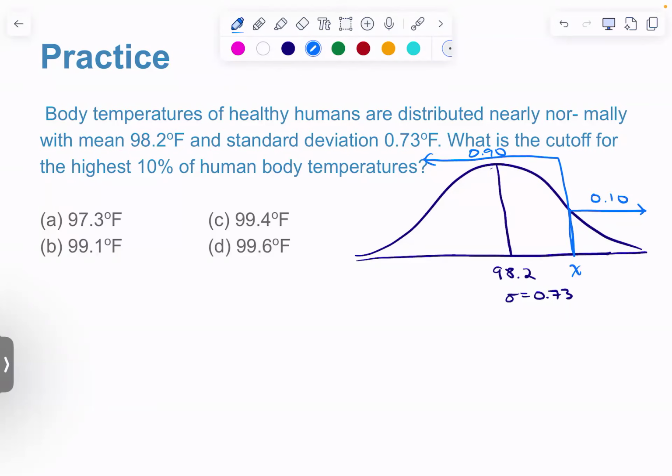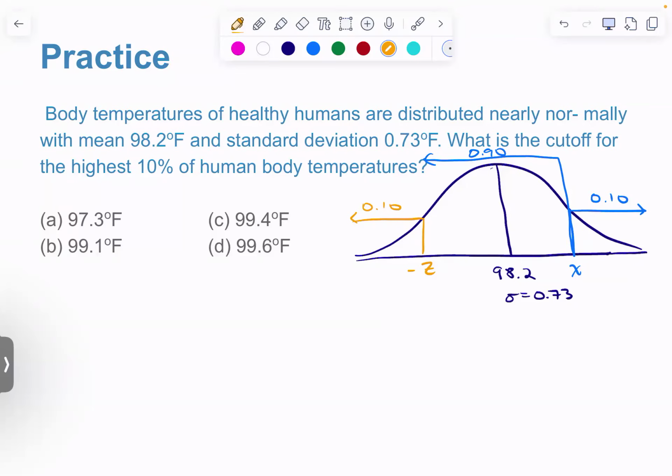Kind of a cheeky way that I could do it, and this is not something I'm expecting, but I do want to show you. By symmetry, if I force this to be 0.1, I could map this back to a negative version of the Z that I want. Doesn't save you a ton of time, but it's really just about becoming comfortable with the normal distribution.